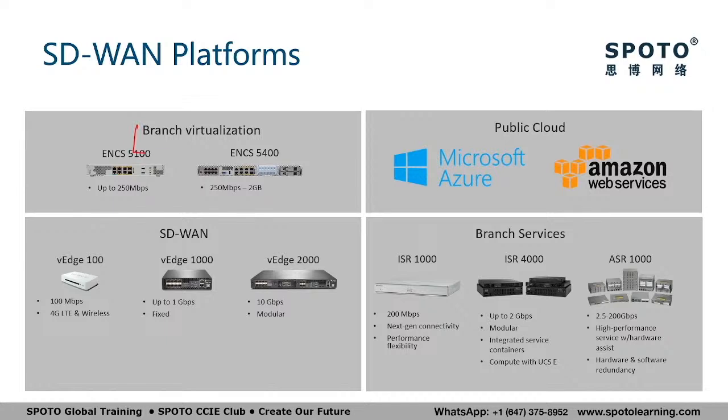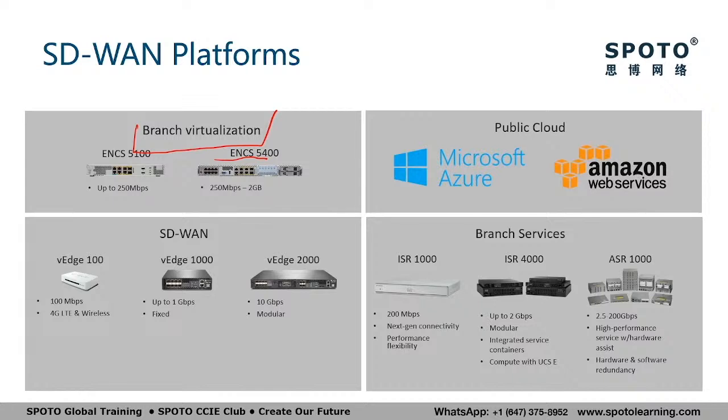One is branch virtualization, using ENCS. ENCS is the Optimized Enterprise NFV platform. NFV stands for Network Functions Virtualization.